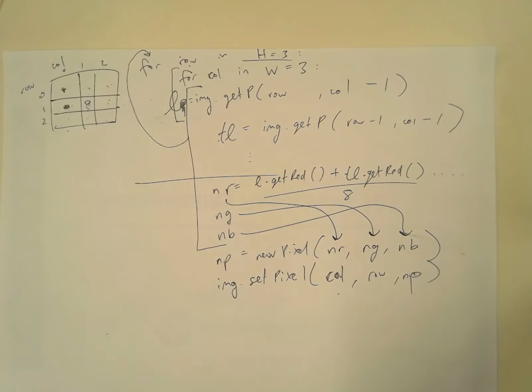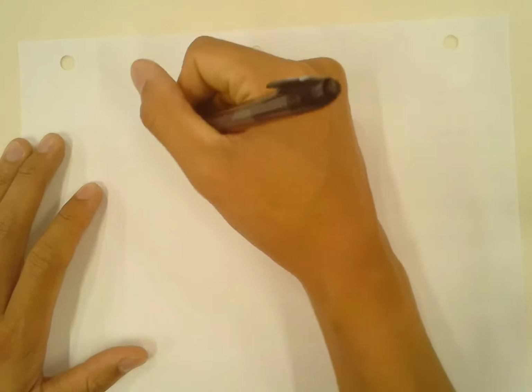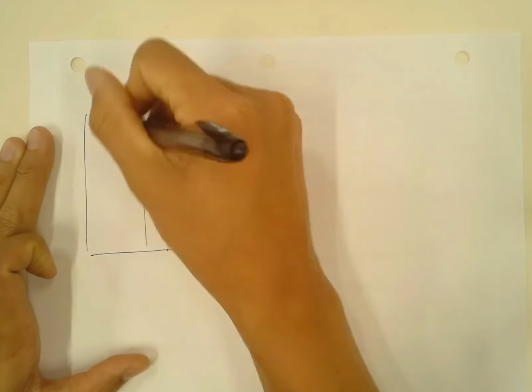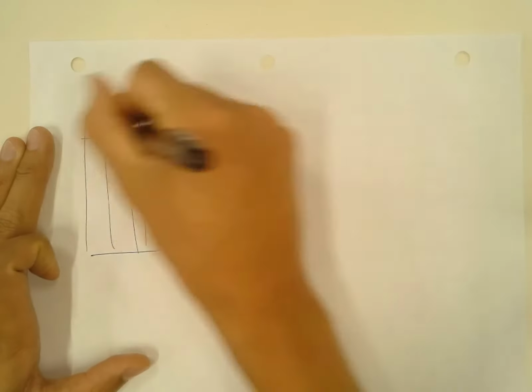And as with all problems in computer science, you can solve them in many different ways, and this is one way that you can solve this issue. Okay, let me go ahead and draw out a bigger version of the image.